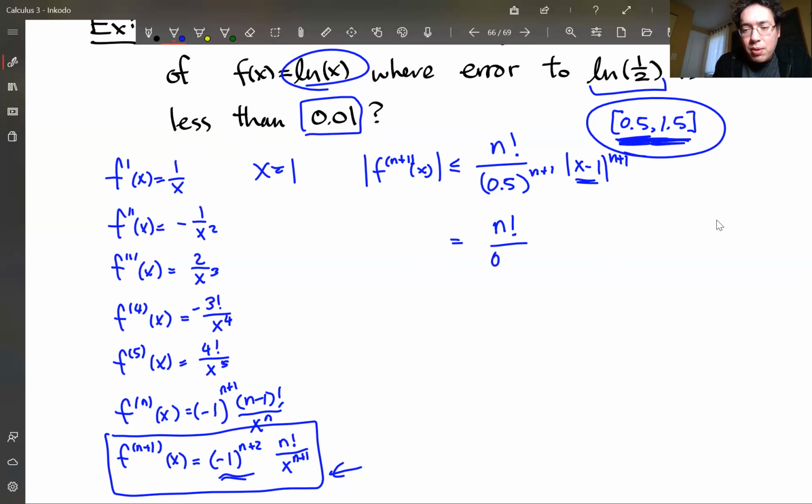So, okay, conveniently, we have 0.5 to the n plus first power. So this part cancels out with the numerator. And then the worst case, oh, sorry, wait, this is our M.